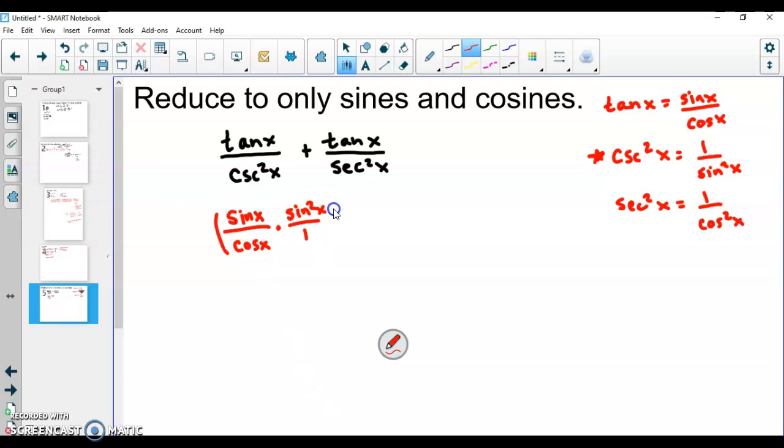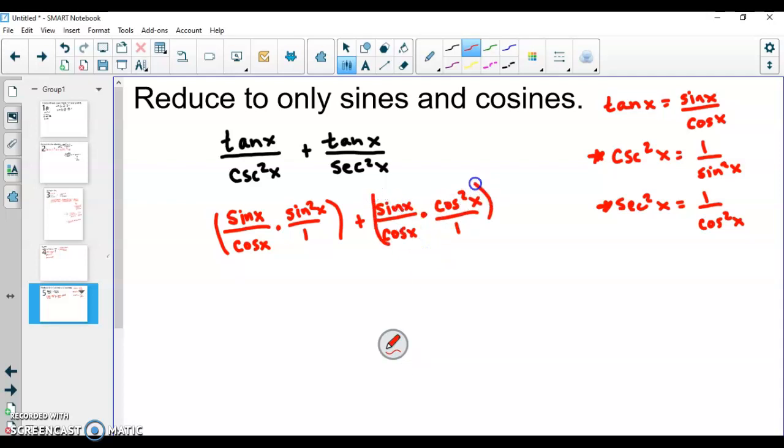So all of this is just that term right there. Plus, again, tan x is sine x over cosine x. And because I'm dividing by secant squared x, that means I'm multiplying by its reciprocal, which would be cosine squared x over 1.